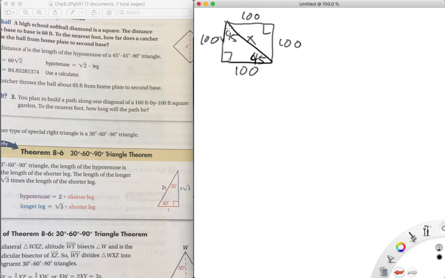If I have a diagonal, that's going to cut the 90 degree angle in half, so that gives me a 45, 45, 90. So again, same equation: hypotenuse equal to x times the square root of 2.